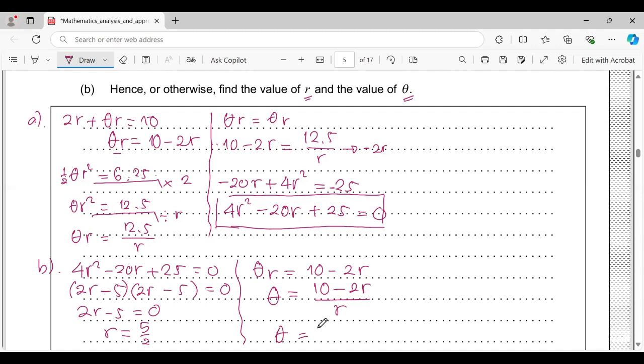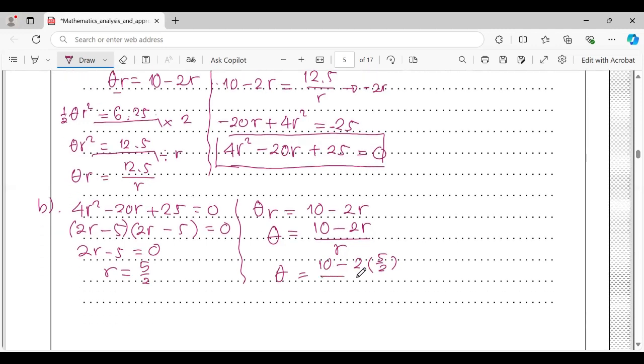So theta or angle equals 10 minus 2 times 5 over 2, over 5 over 2. And it is 10 minus 5 over 5 half, 5 over 5 half, 5 times 2 over 5. It is 2. So theta equals 2. And then r equals 5 half.